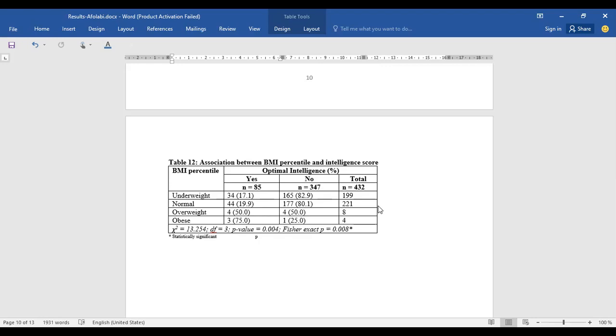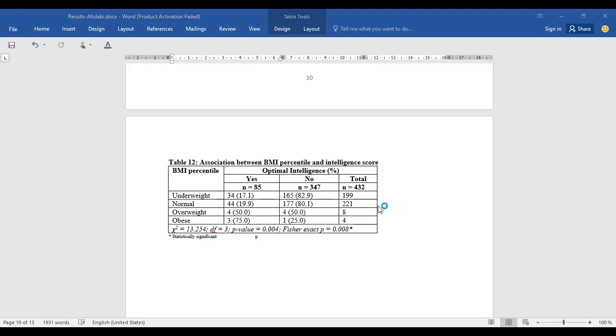Whenever you have more than 20% of the cells with expected value less than 5, or if there's any one cell at all with expected value less than 1, chi-square is not valid.